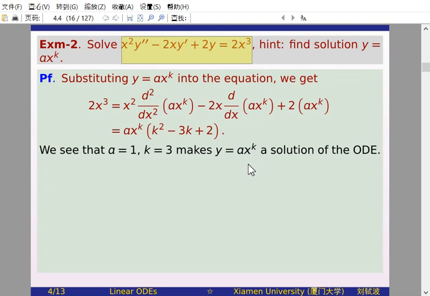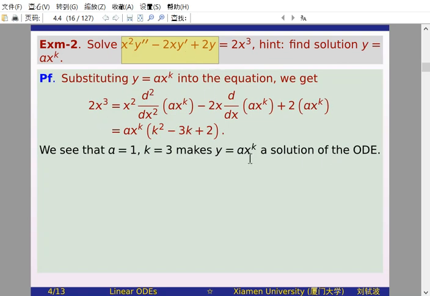But if you want to find the general solution, you still need to find two linearly independent solutions for the corresponding homogeneous equation. That is, you want to find functions such that the left hand side of the equation becomes 0.